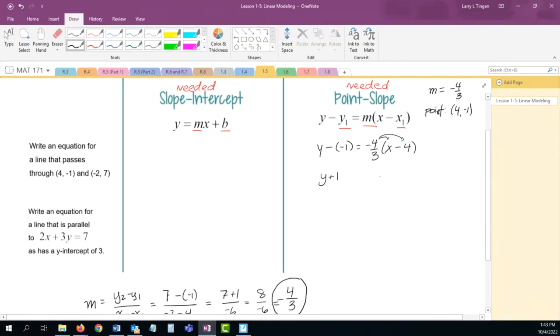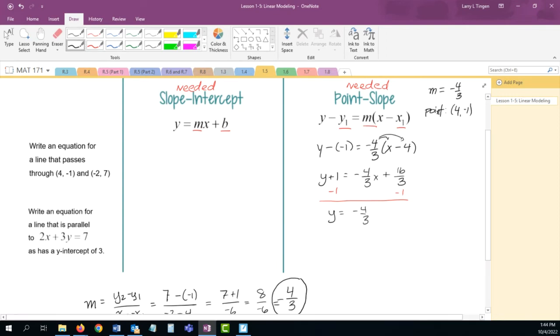Distribute on the right that negative 4/3. So that's negative 4/3 x. Negative 4/3 times 4 is negative 16/3, minus negative 16 becomes plus 16/3. And here's where this method kind of falls apart for me or frustrates students, is I need to get y by itself.